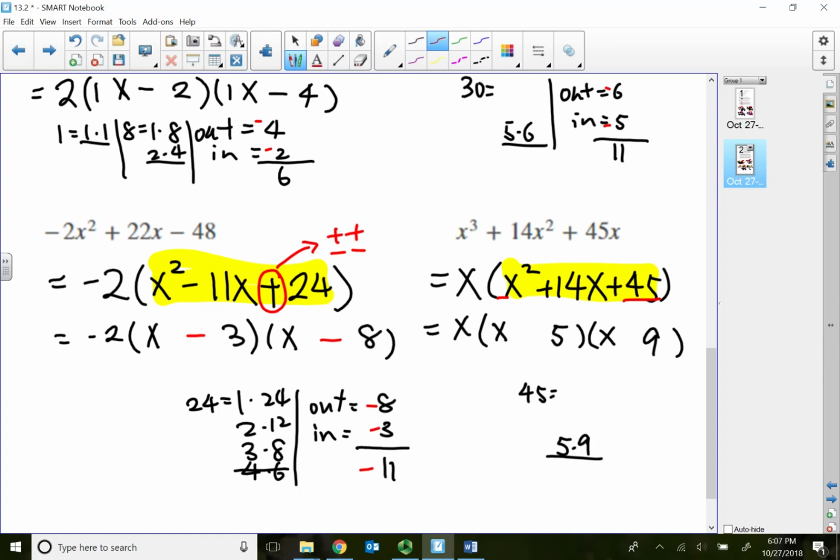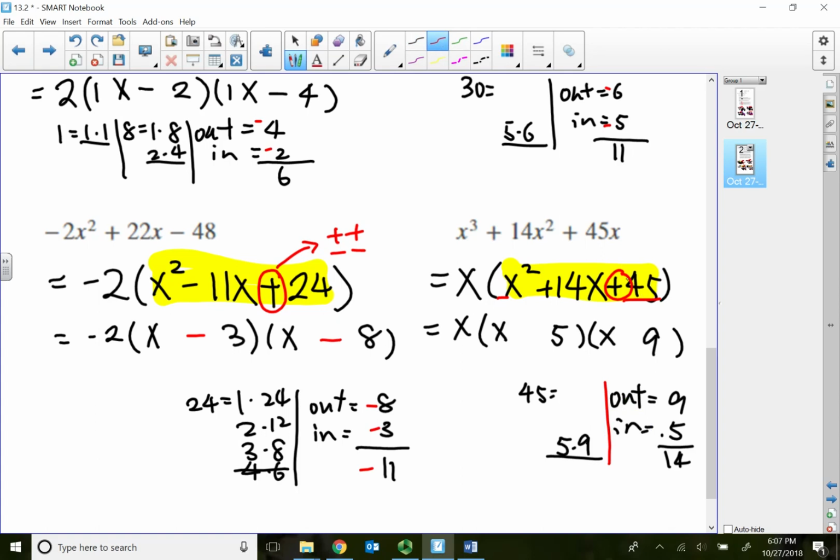My last term is positive, so let's see what my inner and outer are. My outer, 1 times 9 is 9. My inner, 5 times 1 is 5. 9 and 5 combined can give me 14 if I add them.